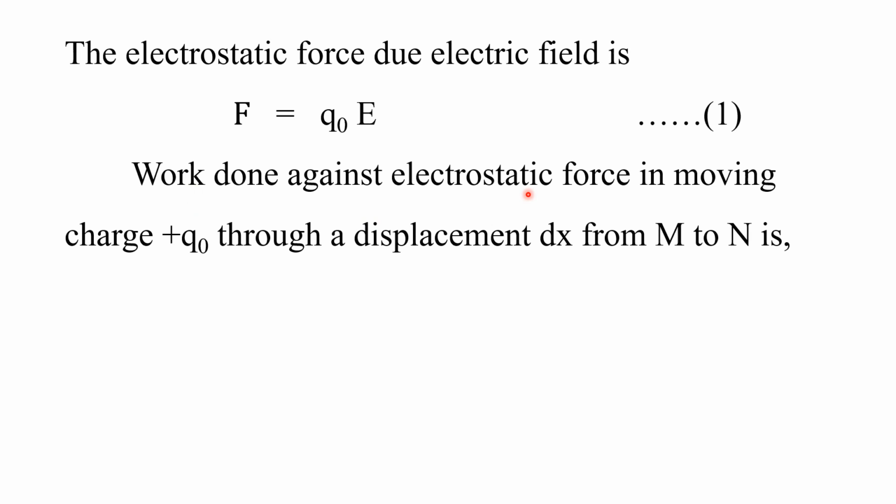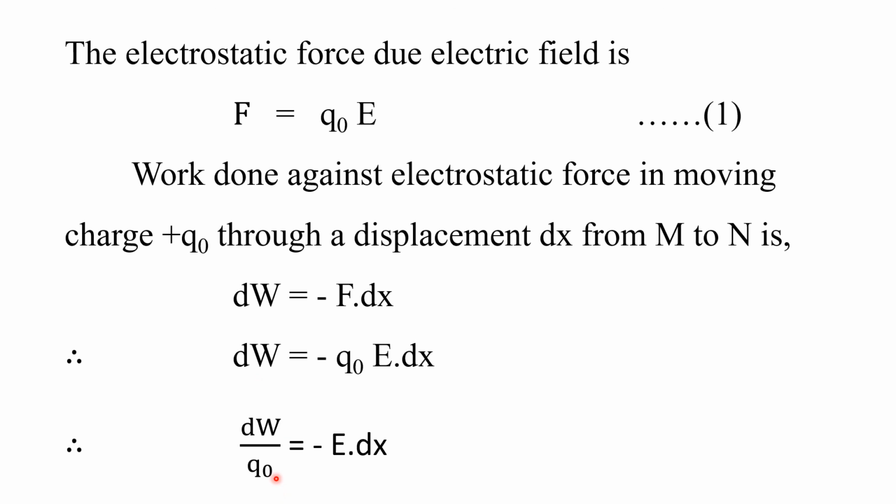Now the work done against the electrostatic force in moving a charge plus q0 through a displacement dx from M to N is given by dW is equal to minus F dx. Now putting the value of F from equation 1, we get dW is equal to minus q0 E dx. Now taking q0 across, dW upon q0 is equal to minus E dx.